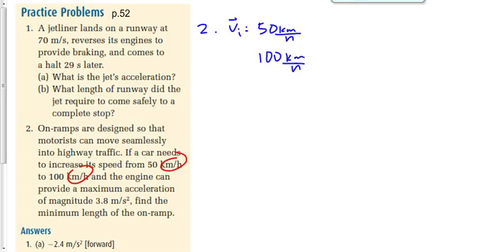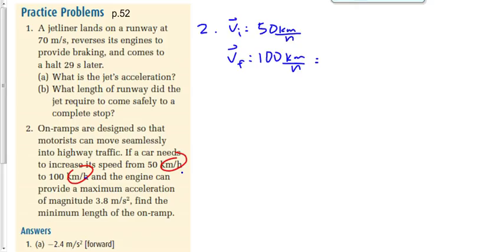What's the 100 kilometers per hour? Good, that's going to be the final velocity. We'll call it VF. We'll convert those. Do you want to convert them now or do you want to do it later? Do it now? Okay, maybe less chance of forgetting if we do it now. But in the end, we have circled those in red to help us remember if we choose to wait. Might not be a bad idea to do it now, though.